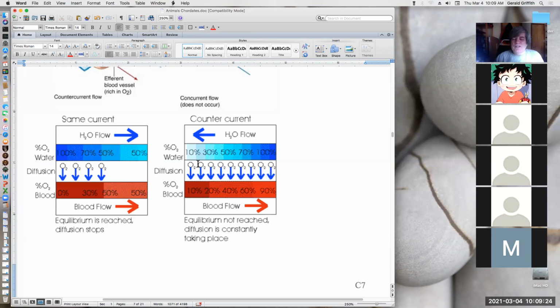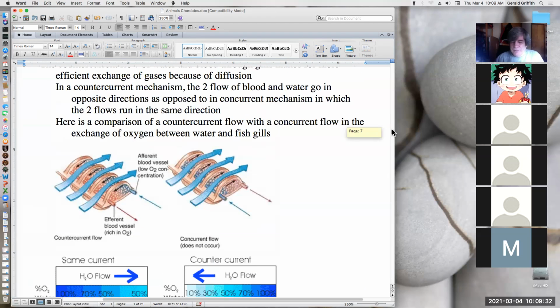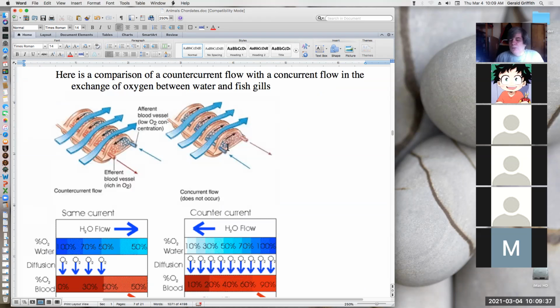So we're looking at an example of countercurrent flow here from fish, from their gills, but that's not the only place this happens. When we look at our diagrams, notice one thing that I don't like about this is they show the numbers for countercurrent flow on the right side.